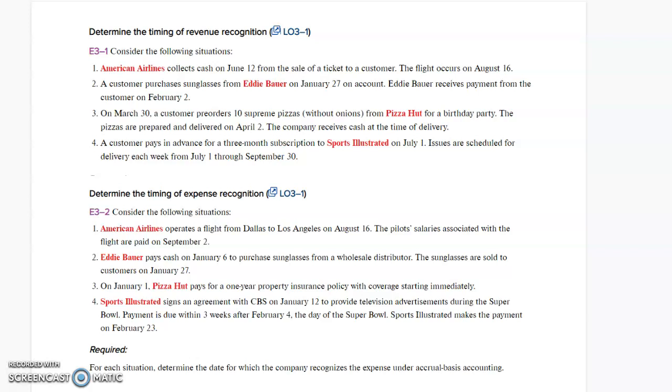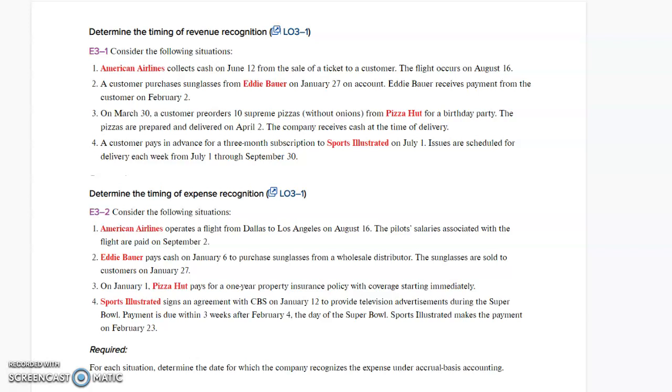Number 3, actually that was number 3. Number 2, customer purchased sunglasses from Eddie Bauer on January 27th on account. Eddie Bauer receives payment from the customer on February 2nd. On account means they sold the sunglasses to the customer, but the customer didn't pay yet.